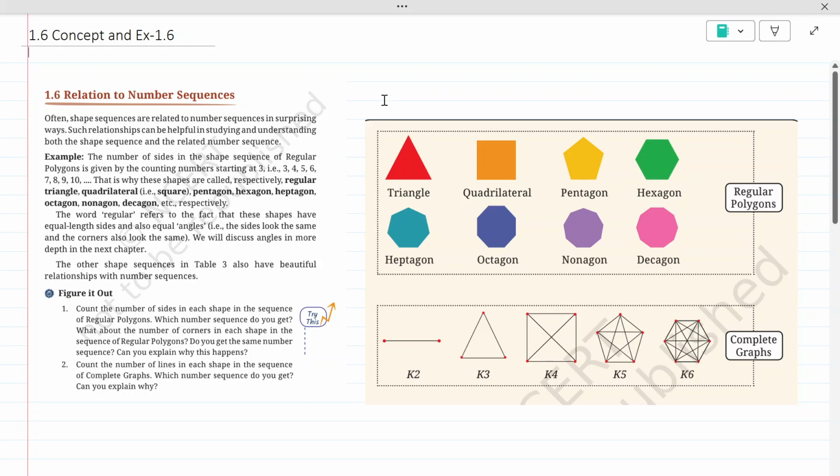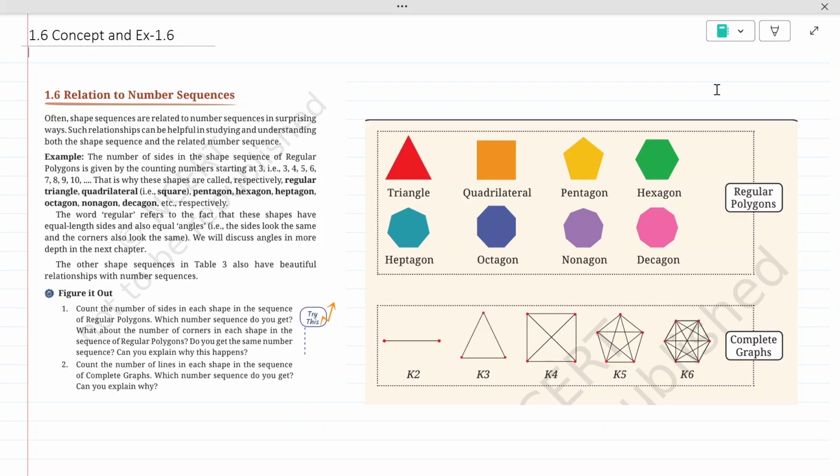A part of it we have already done in the previous exercise, where we saw how the regular polygons were following the counting sequence. Similarly, the complete graphs were also following the counting sequence. The stacked squares and stacked triangles were following another sequence, which is the square sequence, right?